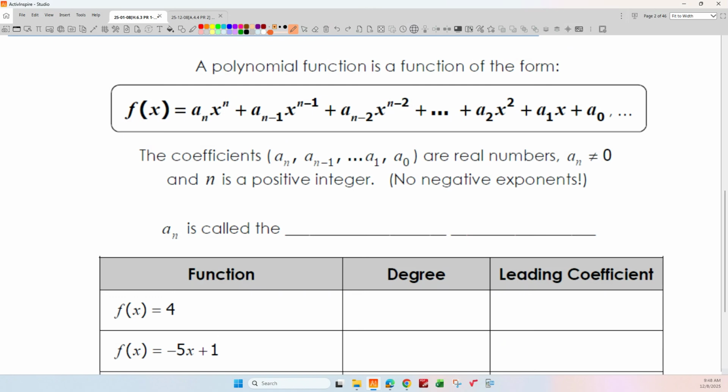But the fact that this is an n and that's an n just tells us that they go together. That a sub n is just the coefficient that goes with x to the n. A sub n minus 1, we don't know what it is, but that's just going to be the coefficient that goes with x to the n minus 1, and so on. Okay, when we look at an actual polynomial, those are just going to be numbers. These just represent numbers.